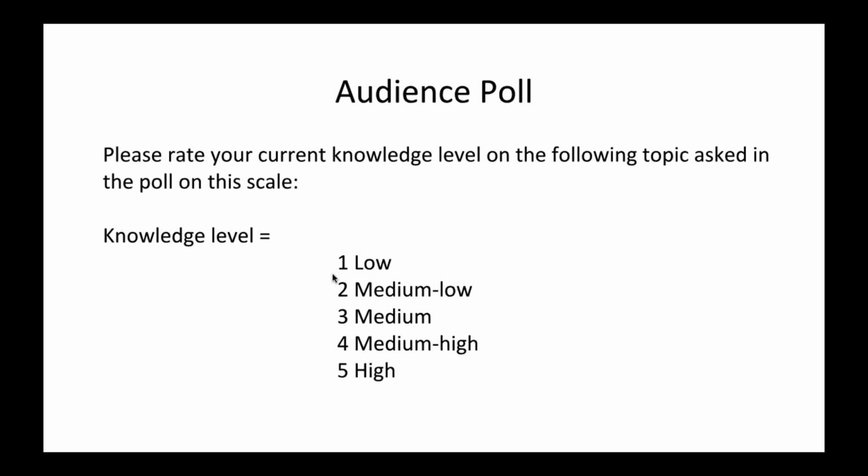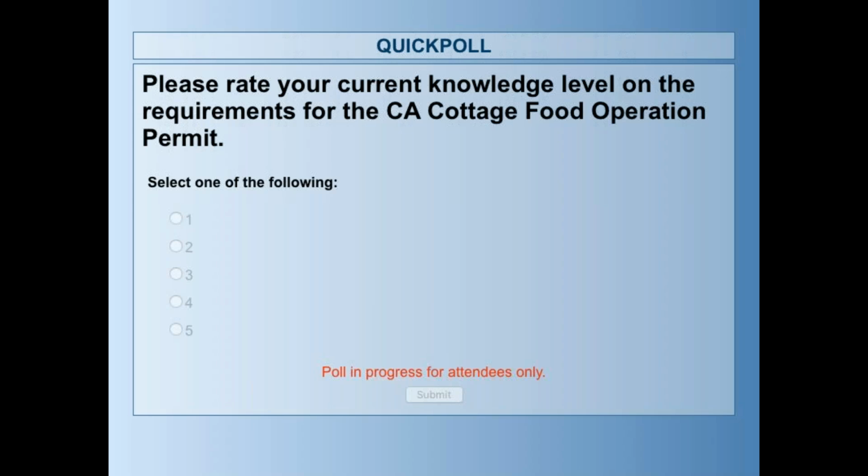So if this is the first time you're hearing about this topic, your knowledge level is probably low. If you've heard a little bit or know a few things, you can see the scale here. Please just give it a quick rate. So I'm going to launch the first poll, and it is, please rate your current knowledge level on the requirements for the California cottage food operation permit.